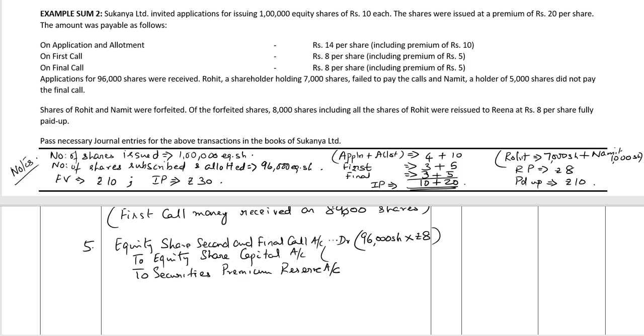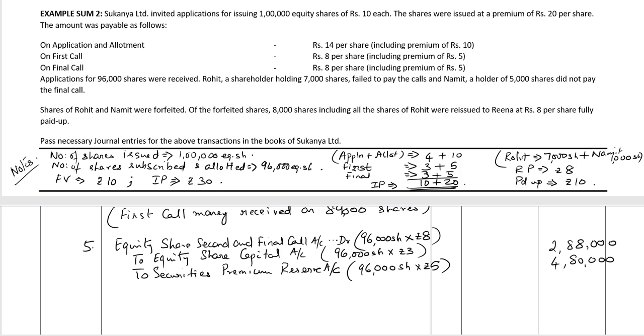The amount against share capital, 96,000 shares multiplied by rupees 3 per share, and the amount towards the premium is 96,000 shares multiplied by rupees 5 per share. So the final amounts, again security premium reserve, it's 4,80,000 rupees. Against equity share capital account is 2,88,000 rupees.